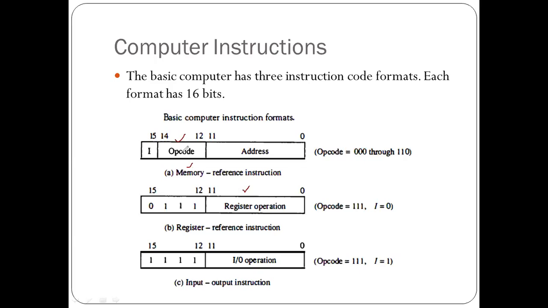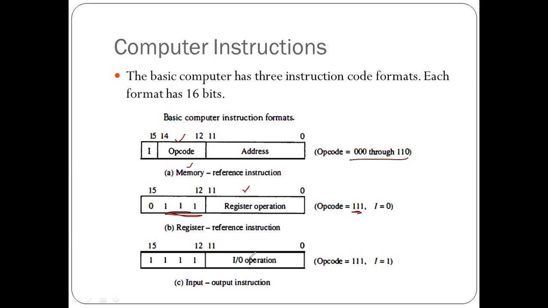To distinguish it from a memory reference and other register reference or IO reference, the opcode, which has 8 different combinations, uses 7 combinations for specifying the memory reference instructions, and one combination, which is all ones. If these bits are all ones, I can conclude that the instruction is either register reference or IO reference.